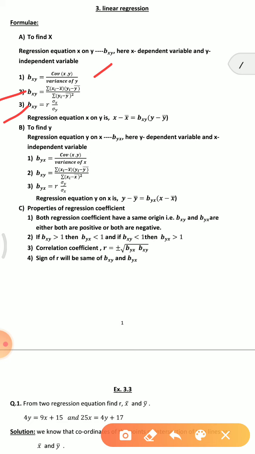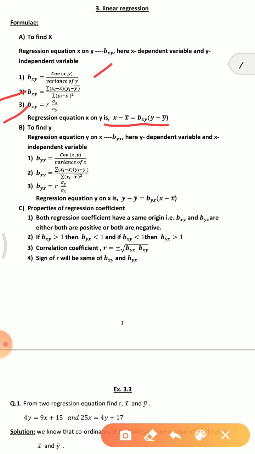Third one, b of xy is equal to r into sigma x upon sigma y. Then the regression equation x on y is x minus x bar is equal to b of xy into y minus y bar. This is how you find the regression equation x on y.